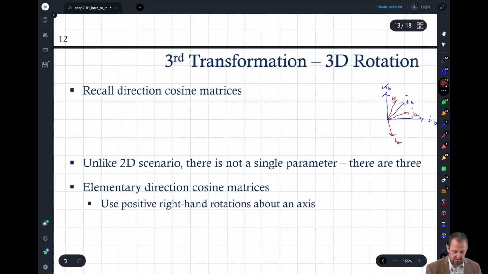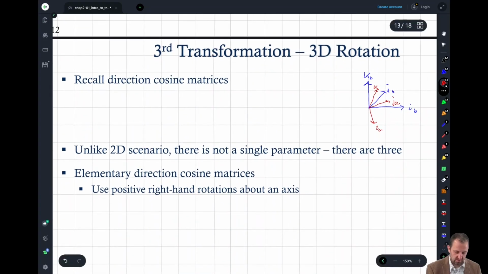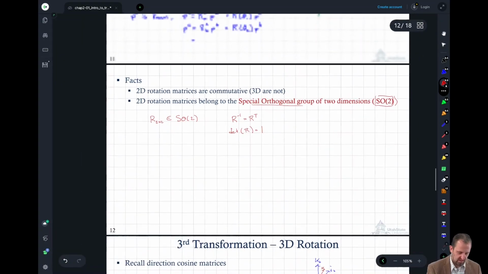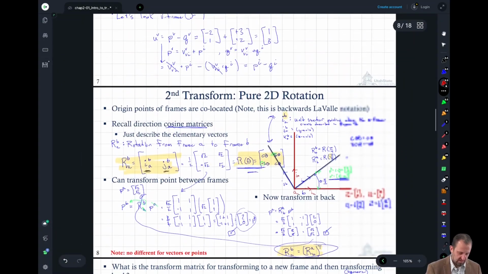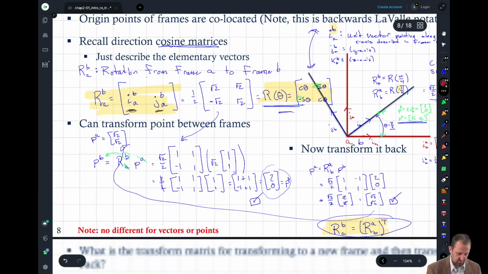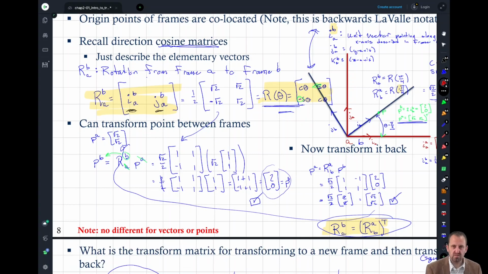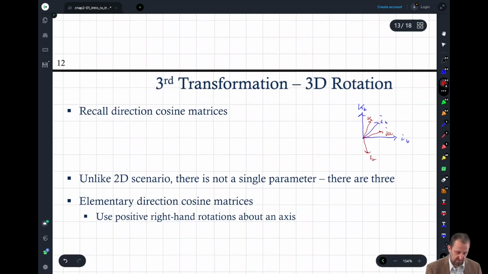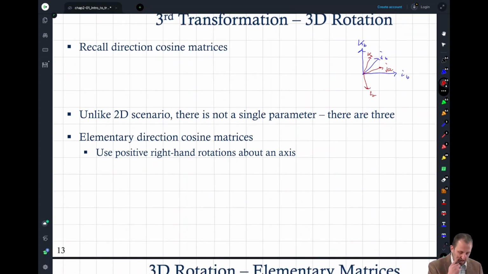We can still just write our direction cosine matrix just as before. Let's go back to when we first introduced the 2 dimensions. We wrote that the rotation matrix from A to B was equal to the I and J of frame A represented in frame B. We can do a similar thing for 3 dimensions.